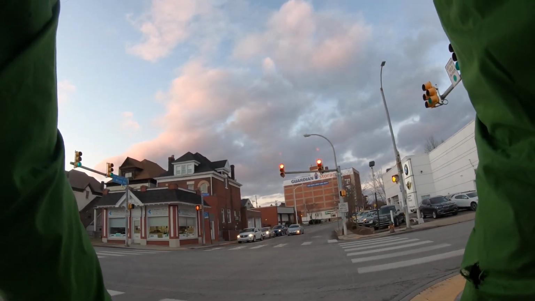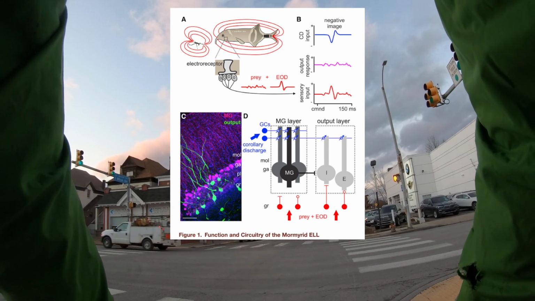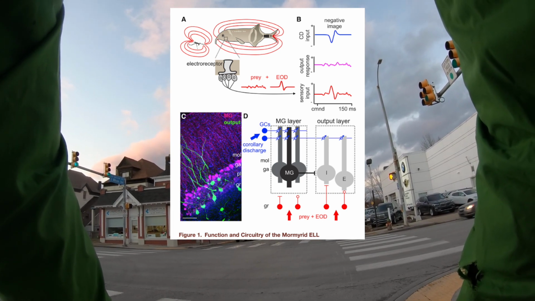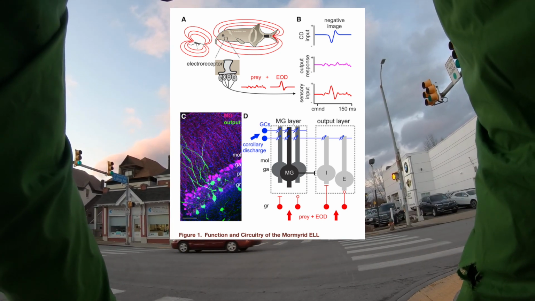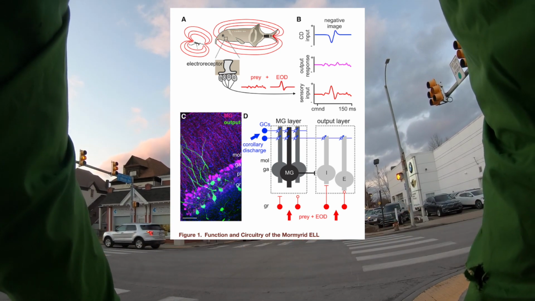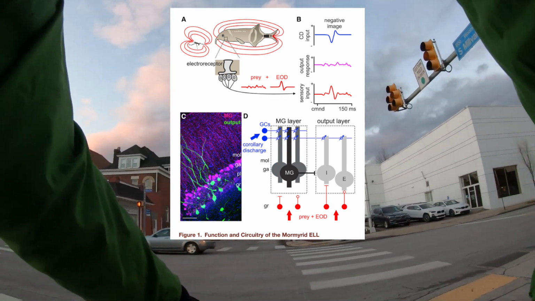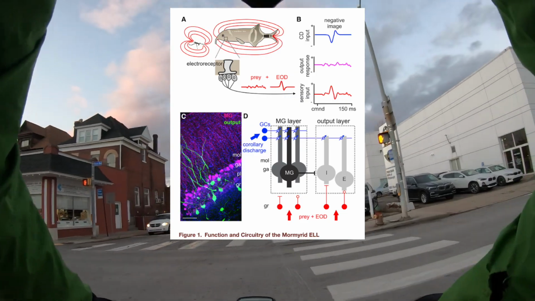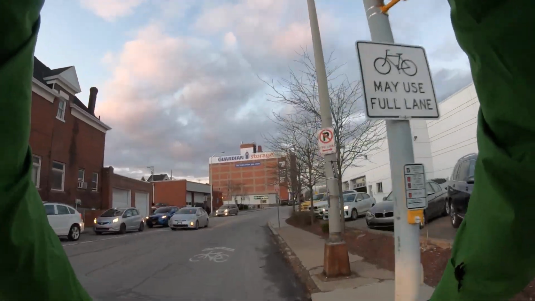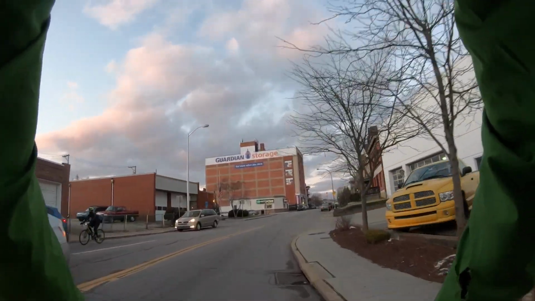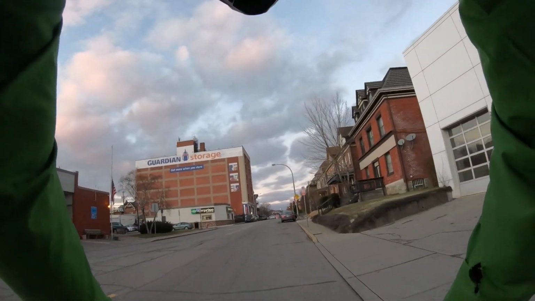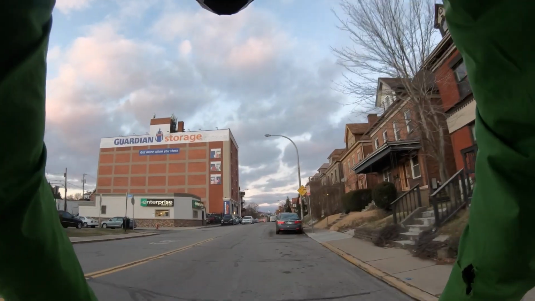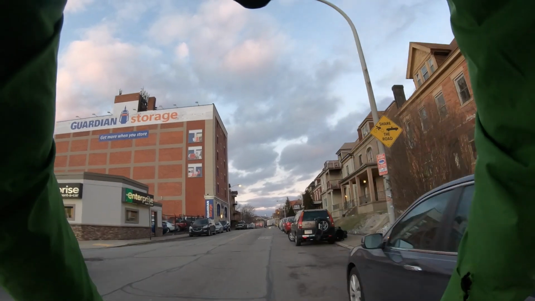And so in figure 1, they just show you the basic setup. You can see that the muscles that generate the electric signal in the fish are in the tail, but the cartoon shows them trying to sense a small prey animal in front of them. And so the idea is that there's an electric signal from a prey animal which is much smaller than the electric signal that they themselves generate.